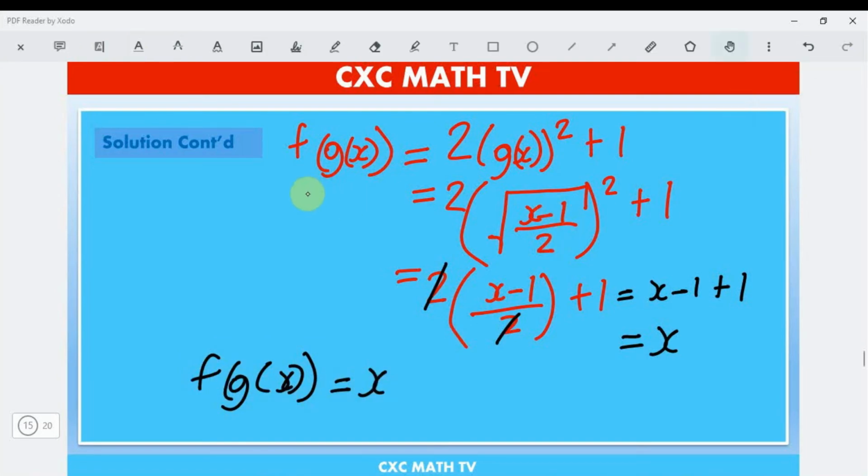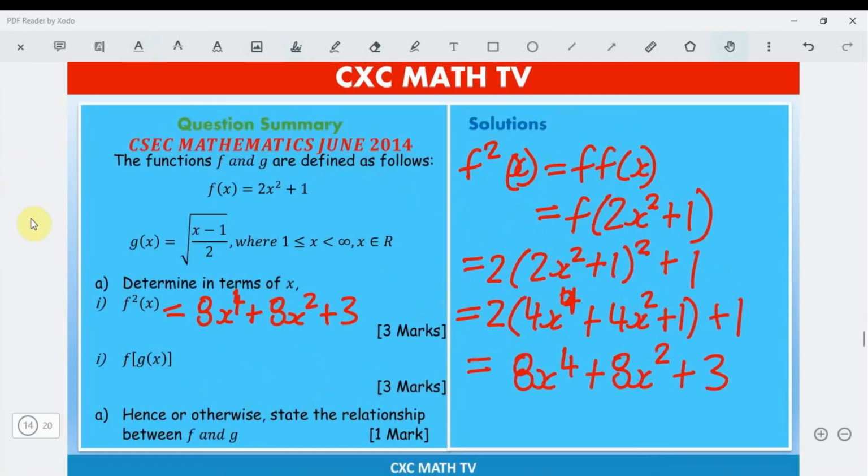Now when fg of x works out to just be equal to x, there's a special relationship that happens to these functions. What is the relationship when fg of x is equal to x? Then they are inverse of each other. If you were to find the inverse of f, the inverse of f would be g. Look at it. Bring over the 1, divide by 2, then square root it. The inverse of f would be g.